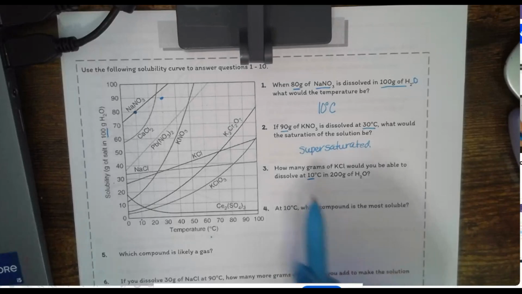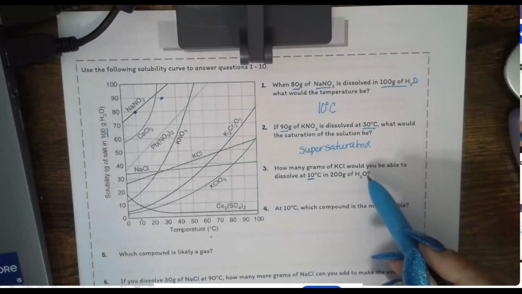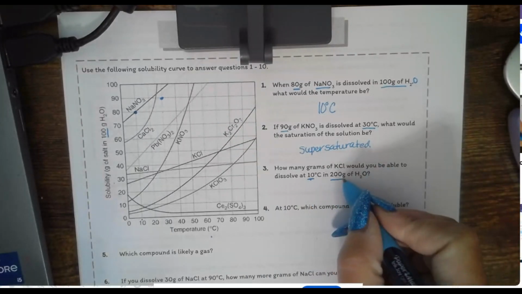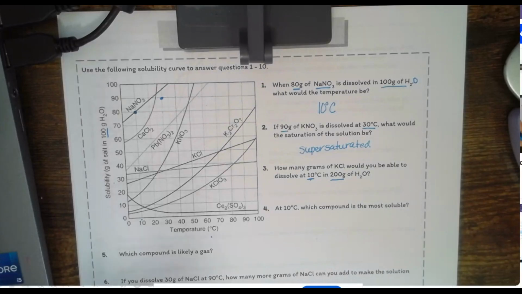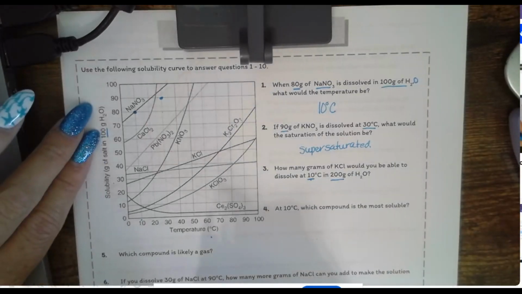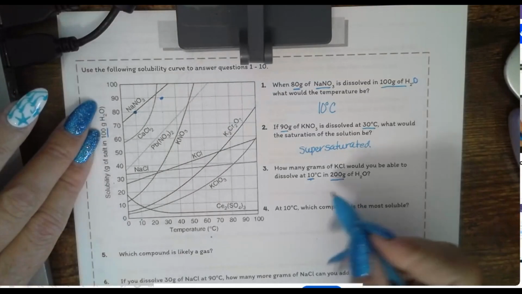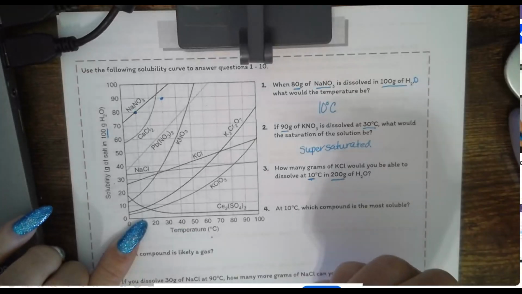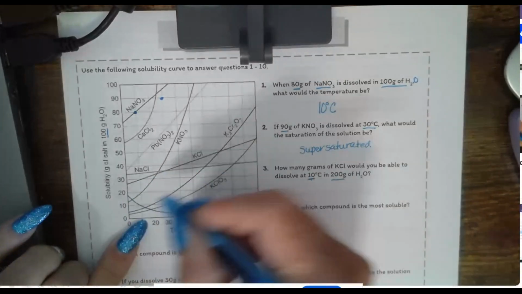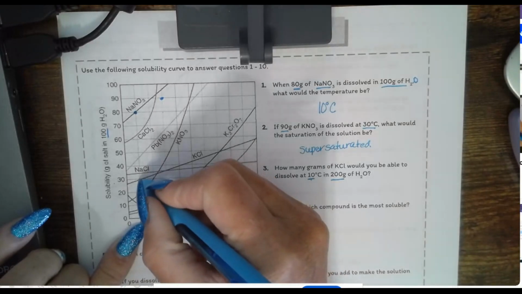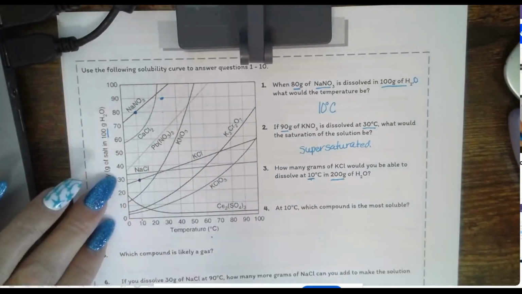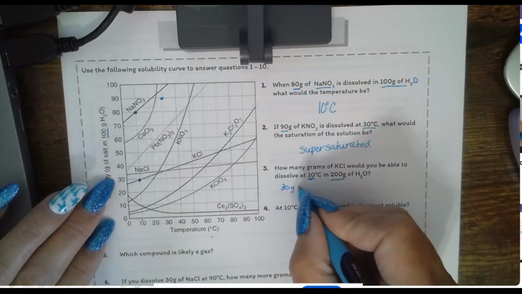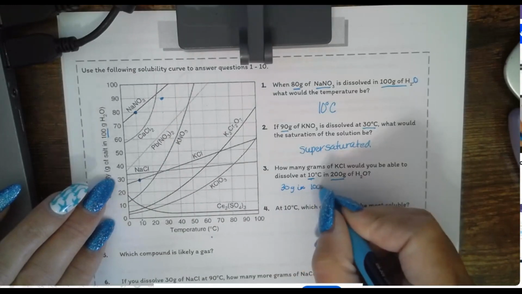All right. It says, how many grams of KCl would you be able to dissolve at 10 degrees in 200 grams of water? Okay, so this is one of those where the 100 grams of water comes in. We're going to look at 10 degrees Celsius and find KCl. Here's the line for KCl. So at 10 degrees, KCl, this says I can dissolve 30 grams in 100 grams of water.